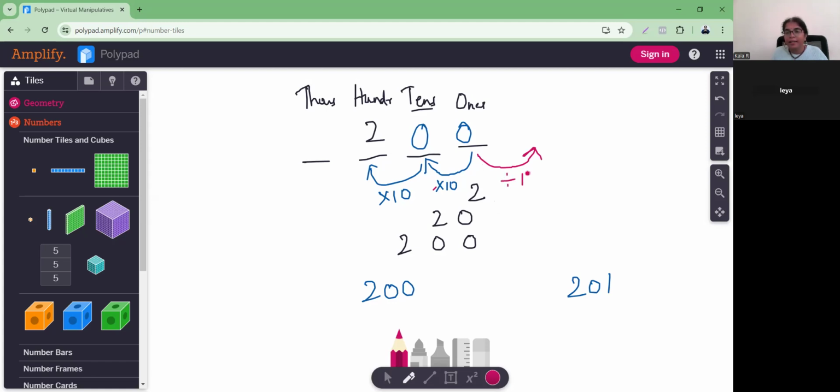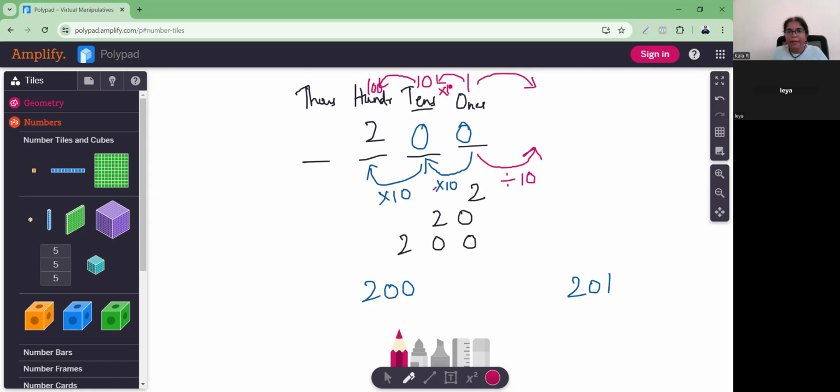Division by 10. What are we dividing by 10? Now this is a 1. We multiplied it by 10, it became 10. This is a 10, we multiplied it by 10, it became 100, right? Like that, if I am moving this side, what am I dividing? 1 is divided by 10, right?